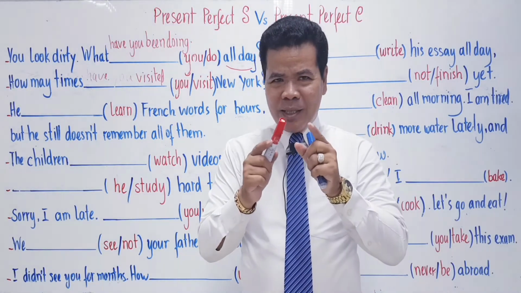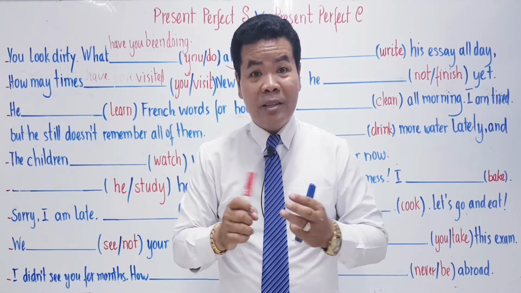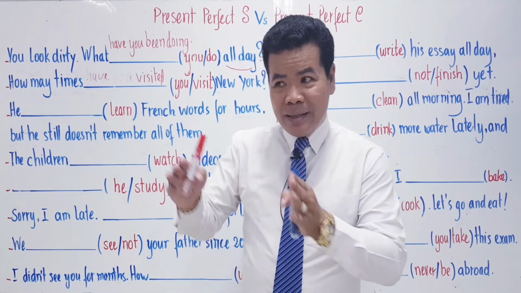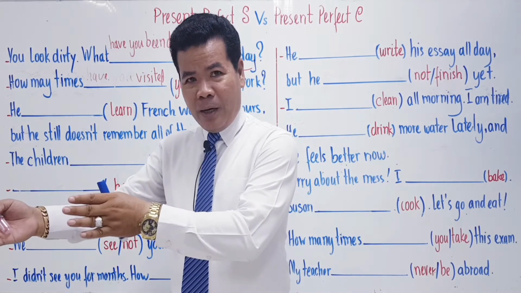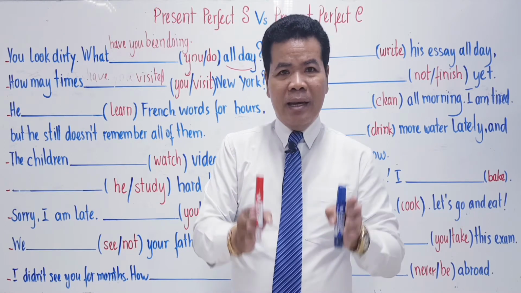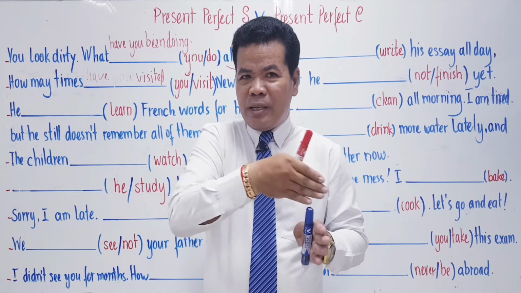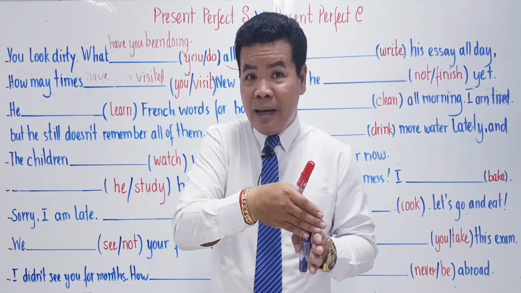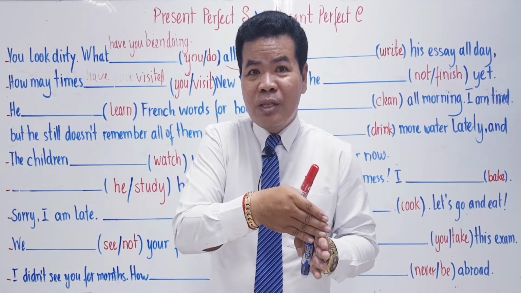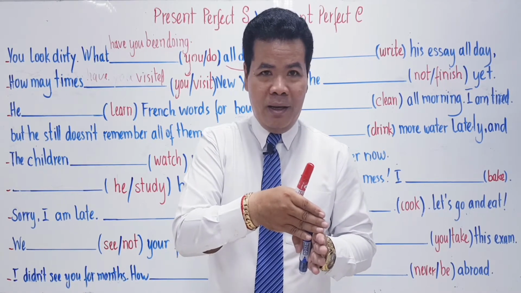The action that you started learning French words is not now. Okay? Started in the past, and just stopped recently. And the result in the present is that you still do not understand. You still do not remember all the words.